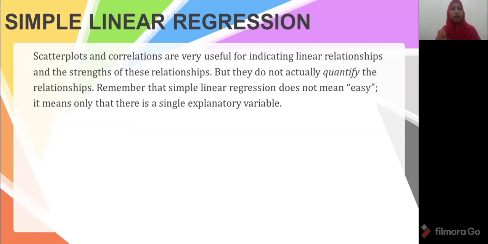Scatter plots and correlation are very useful for indicating linear relationship and the strength of this relationship, but they don't actually quantify the relationship. Remember, simple linear regression does not mean easy, it means only that there is a single explanatory variable.